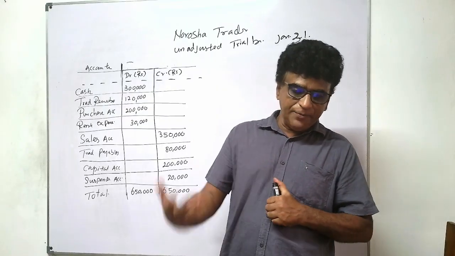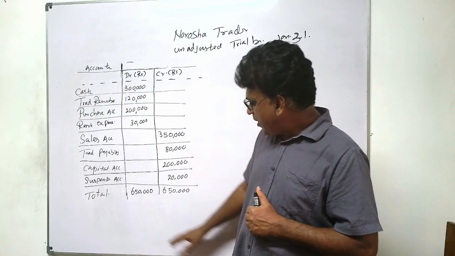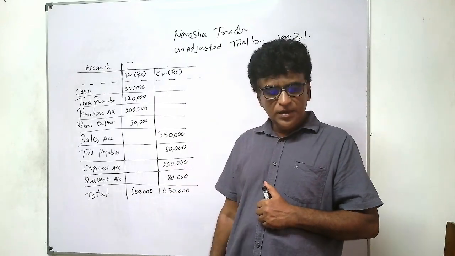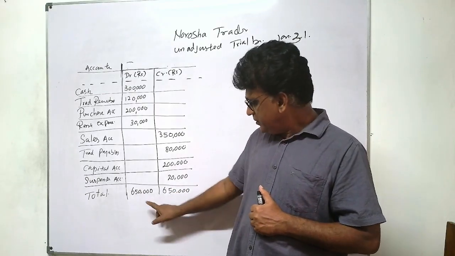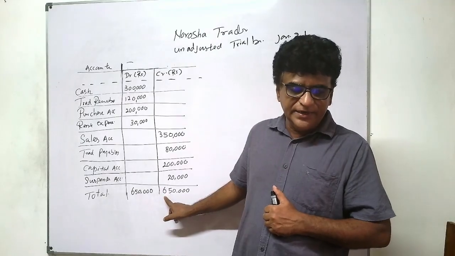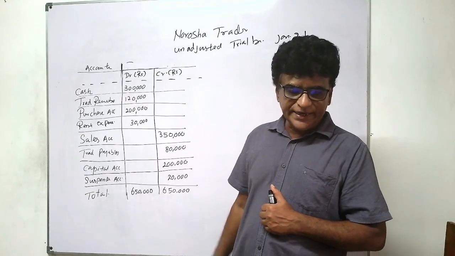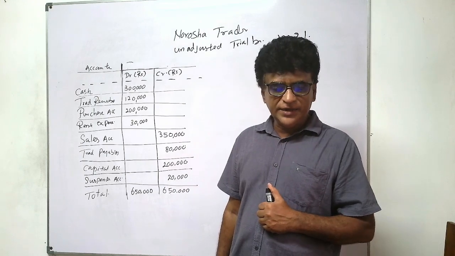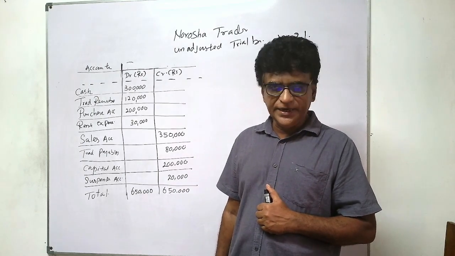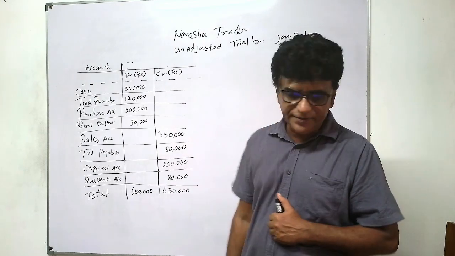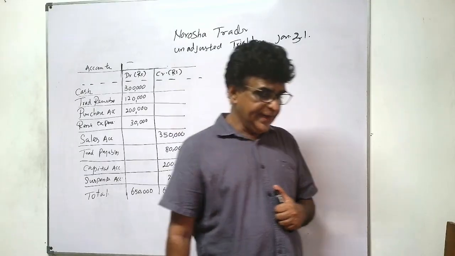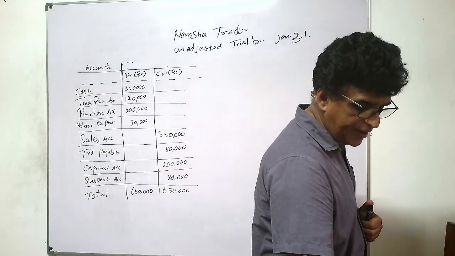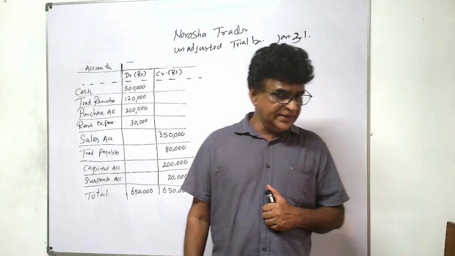In the next step, what we have to do is identify all variances. What is the error? Then we have to correct that error in the next final trial balance. Right? Next, we have some information. What is the error?